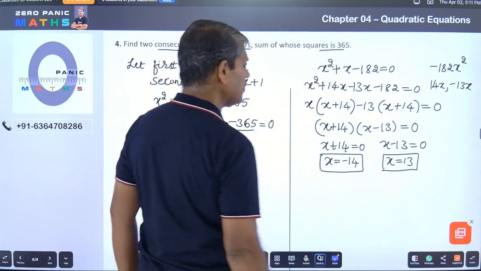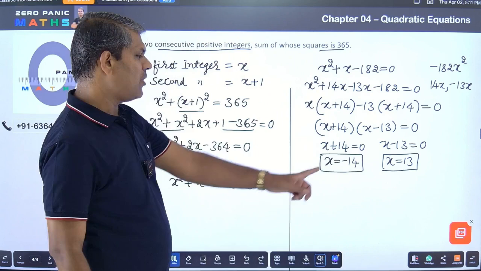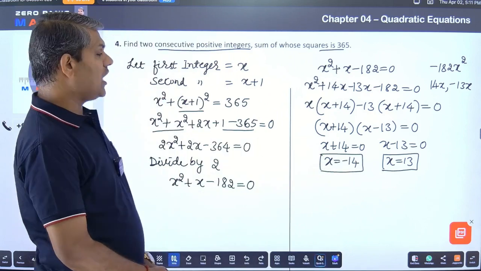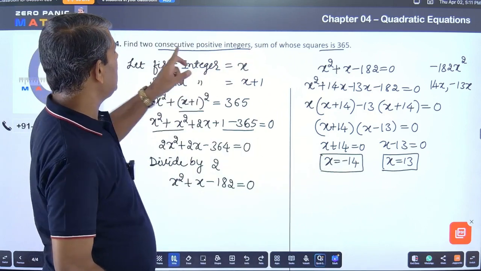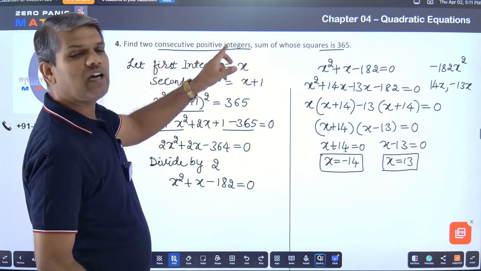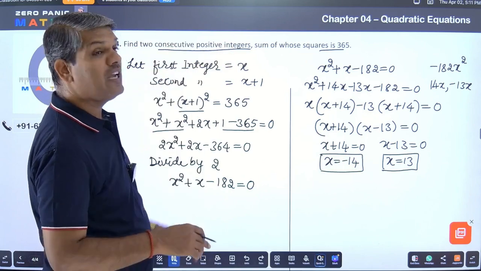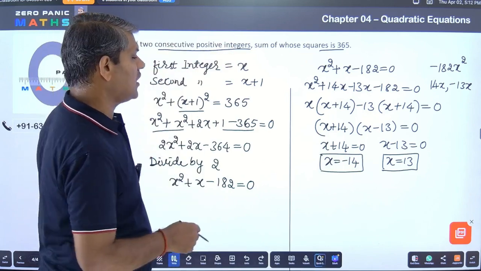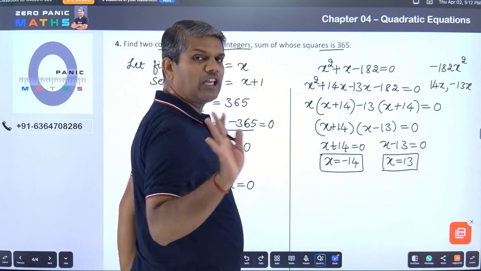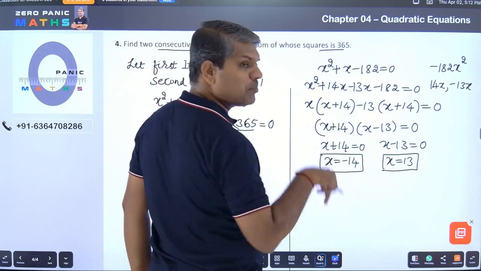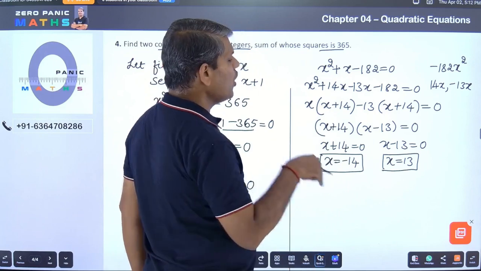But what is asked to us among the two roots, we should be seeing. They are saying find the two consecutive positive integers. They are saying x should be one positive integer. So x is equal to minus 14 cannot be the solution because it is not a positive integer.